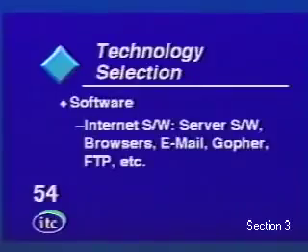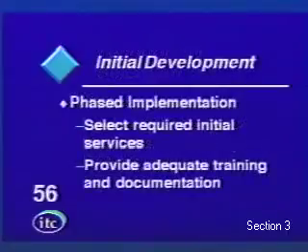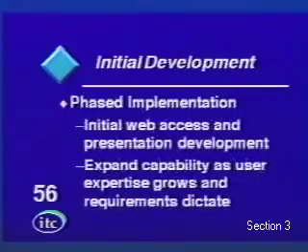Rather than unleash an entire user community and spend lots of money up front, I recommend a phased approach. This provides the opportunity to gain experience and expand capability as user expertise grows and requirements dictate. One can start by selecting an initial subset of services and software to be supported. For example, the initial service could be email and web access.